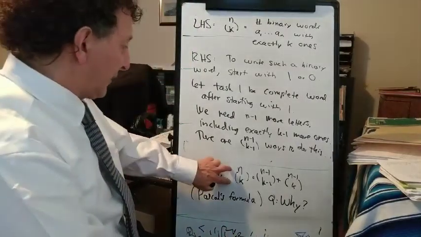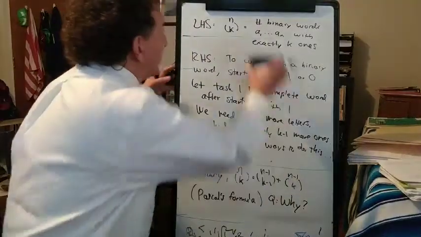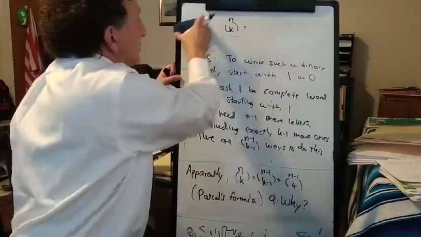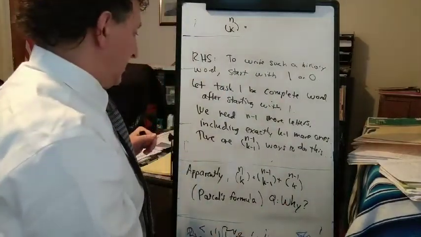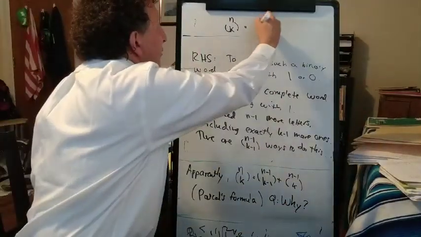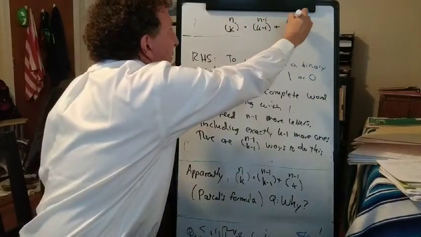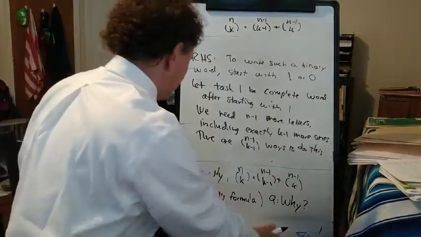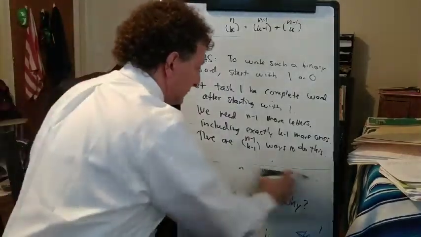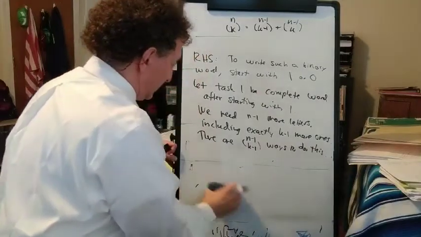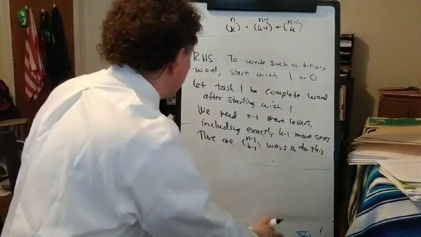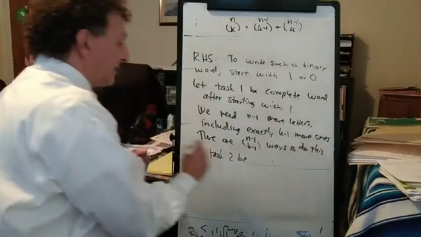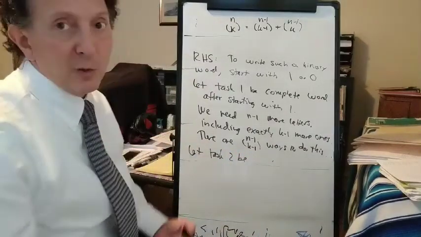Let me put Pascal's formula up on top so we remember what we're trying to prove: n choose k equals n minus 1 choose k minus 1 plus n minus 1 choose k. Now let's let task 2 be completing the word after starting with 0.